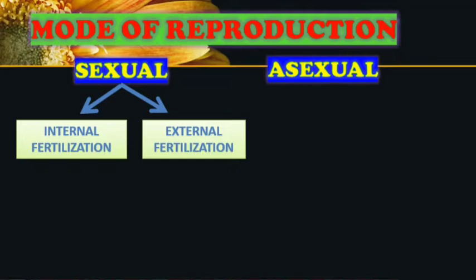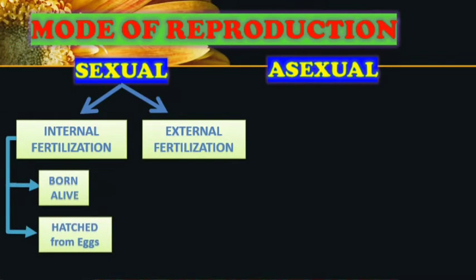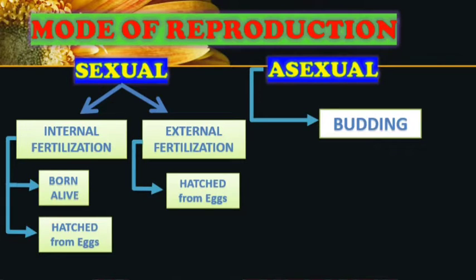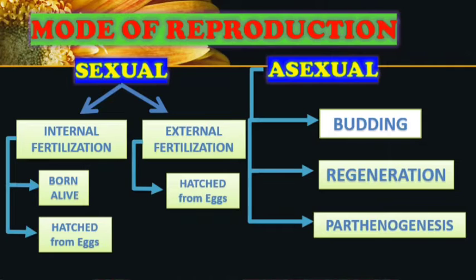Under internal fertilization, we have two ways on how they give birth to their offspring: born alive and hatched from eggs. Under external fertilization, we have hatched from eggs. On the other side, for asexual reproduction, we have three processes: budding, regeneration, and parthenogenesis.